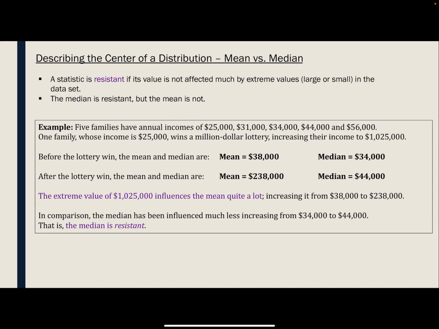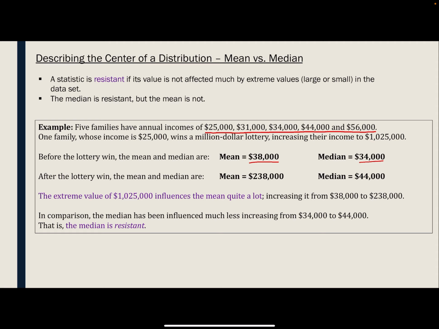So again, our distribution is this before this family wins the lottery. And so when we look at it, the mean is 38,000 and the median is 34,000. They're very close to each other. So really either one is probably describing this distribution equally well.